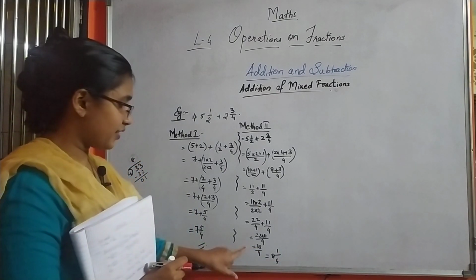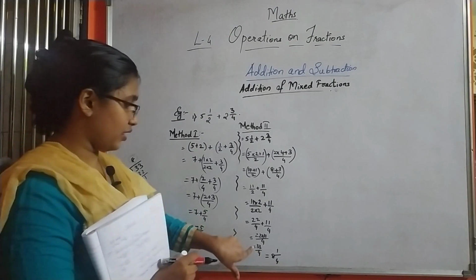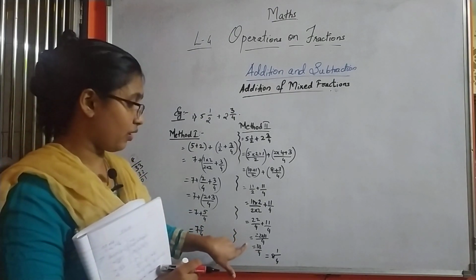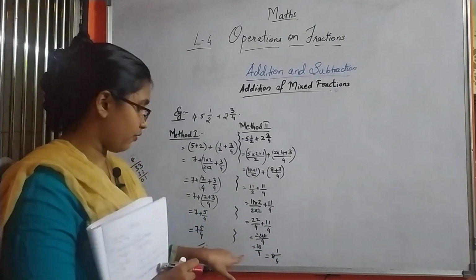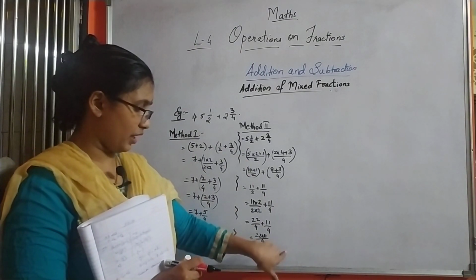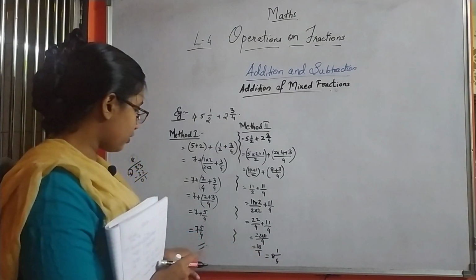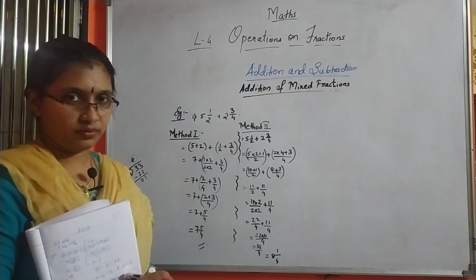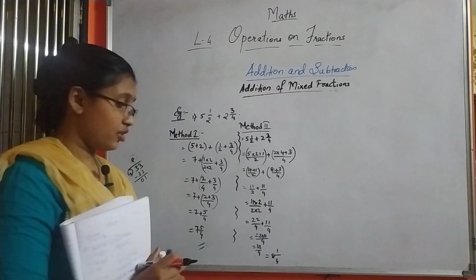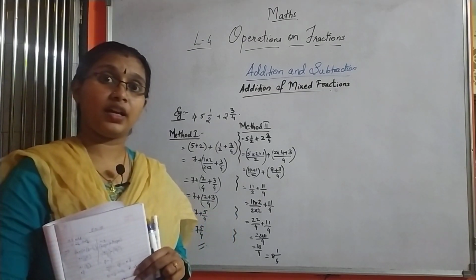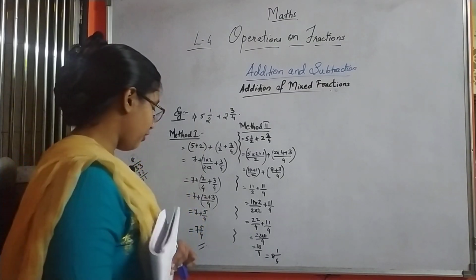Just tell. I had said here that when it is an improper fraction, we have to convert it into a proper fraction. We have to convert all the improper fractions into proper fractions with mixed fractions. So here when I got 7 5 by 4, 5 by 4 is again an improper fraction, right? So we have to convert this into a proper fraction.